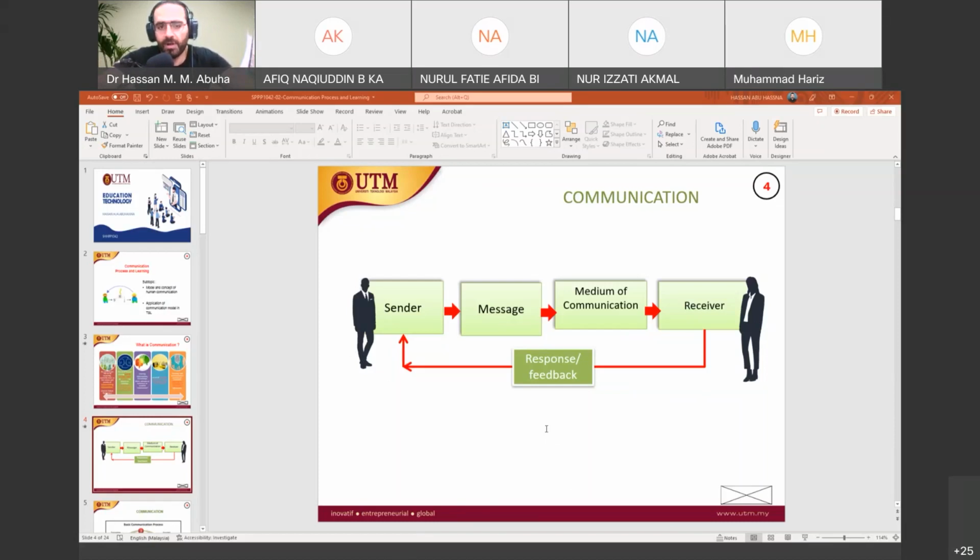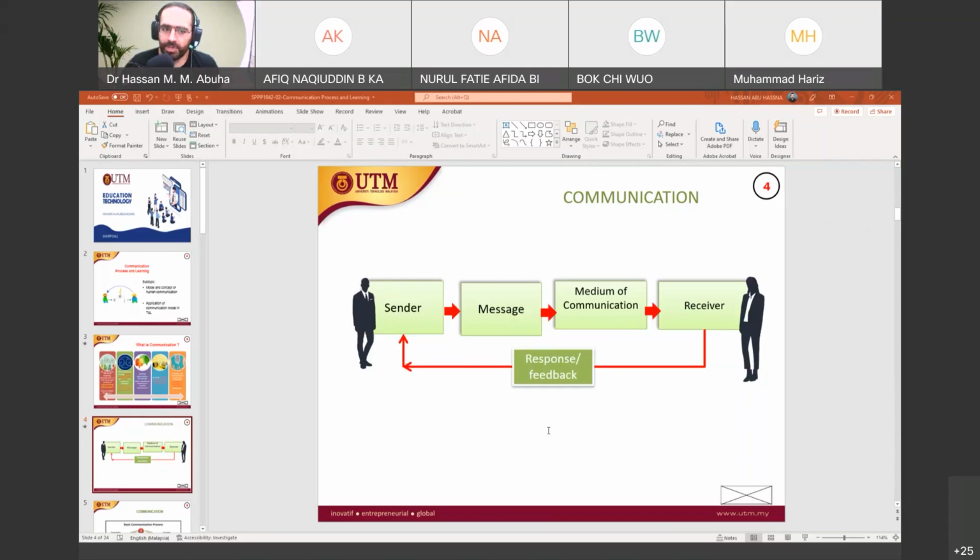Main variables of the communication process. The method of delivery, the content of the communication, and as well as the receiving part of the communication. Okay, that's lovely. So any communication process consists of these three variables.